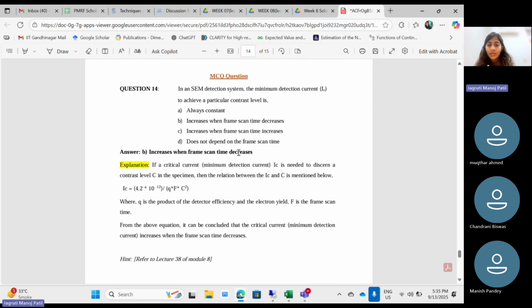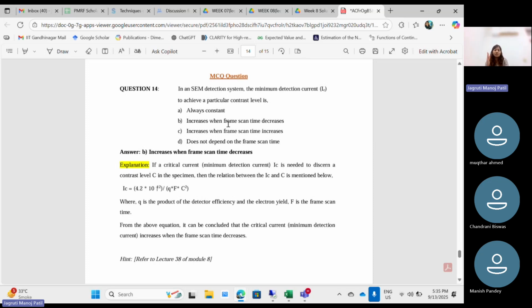So that is the thing I wanted to say: these are kinds of questions you can solve logically instead of remembering big equations. So just remember what happens if my frame rate has increased. I'm trying to acquire more frames.